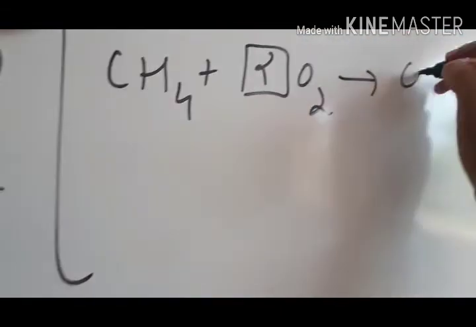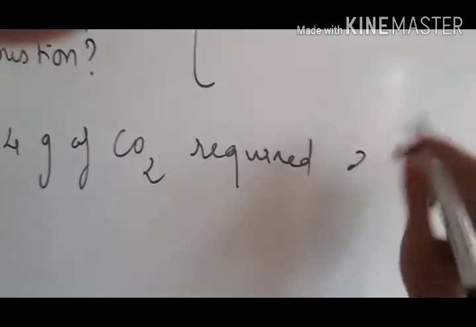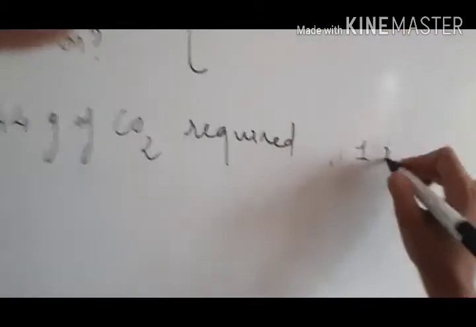The reaction I am writing here is CH4 plus 2O2 which gives CO2 plus 2H2O along with heat. Now what we are writing is that 44 gram of carbon dioxide requires 1 mole of methane.